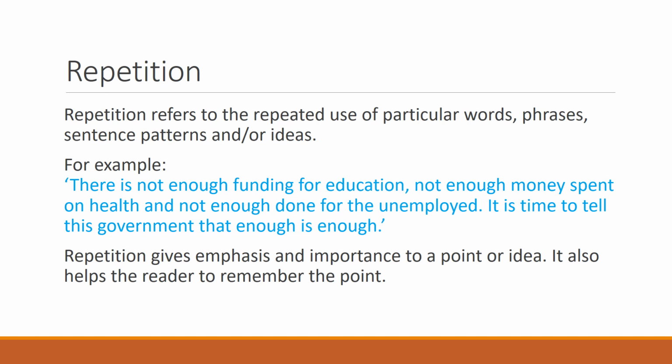Doesn't think that the government is doing enough to help with education or health. Definitely not. They're not doing enough for people becoming employed as well. So they've used the phrase "not enough" over and over and over again to really drive the point that the government should be doing more to help people in society.